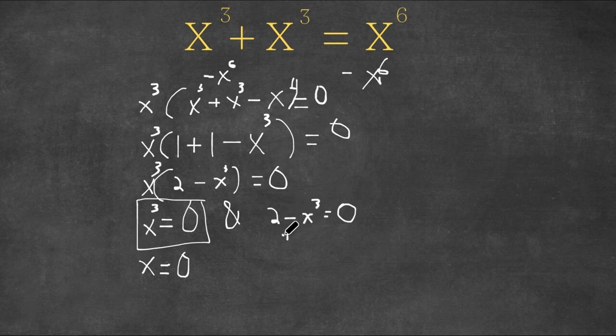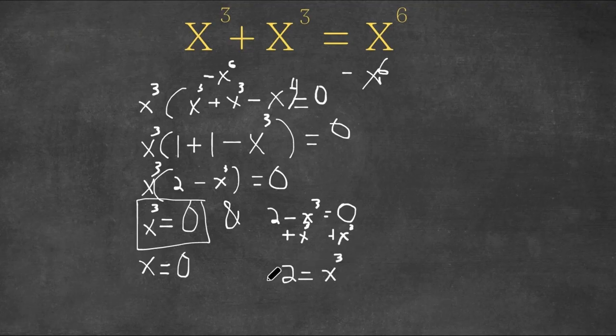Let's add x to the power of 3 on both sides. So we get 2 is equal to x to the power of 3.